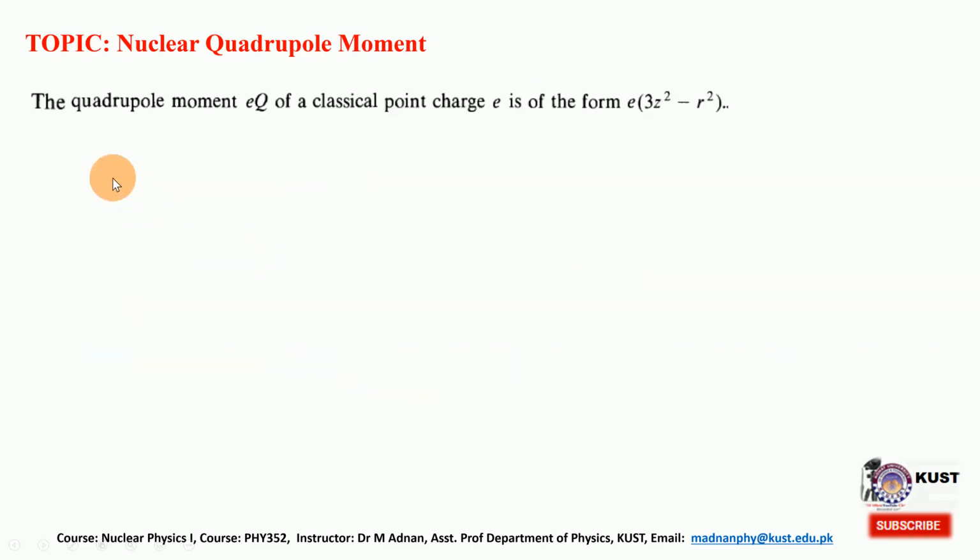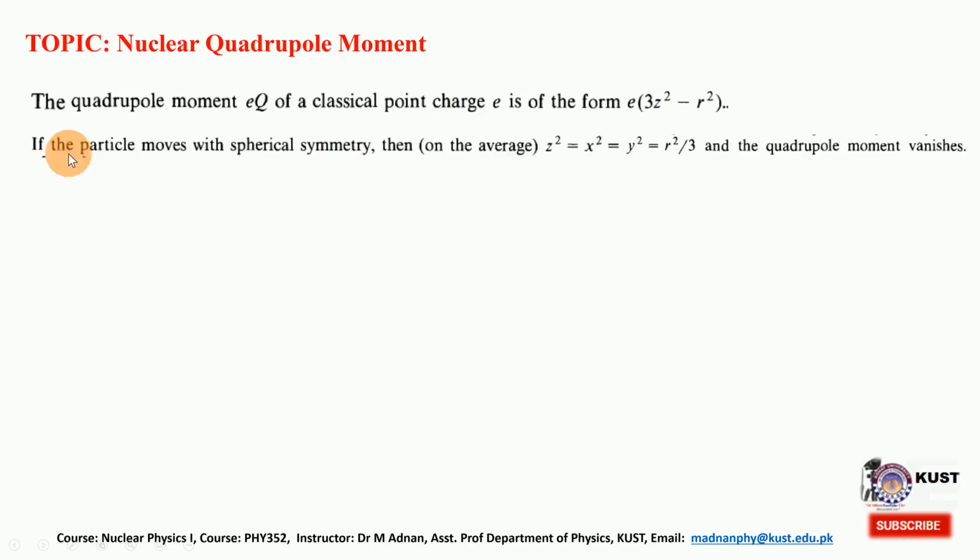In that way, the quadrupole moment eQ of a classical point charge e is of the form e(3z square minus r square). We discussed this in the introduction part, but we are repeating it in the quantum version as well.